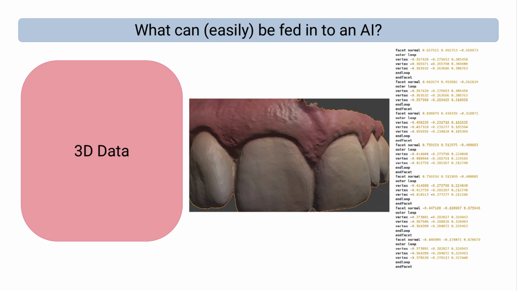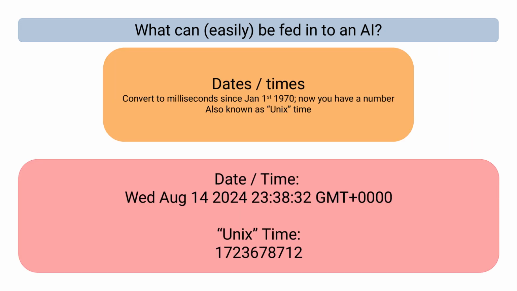Now, I didn't want to spend an entire section on this, so I'm just going to briefly go over it. But time can be represented as a number. The official Unix time that a lot of systems use is actually the number of milliseconds since January 1st, 1970. So if we have August 14th, 2024 at that specific time, you can convert it to the Unix time of 17236787112, and that gives you a number.